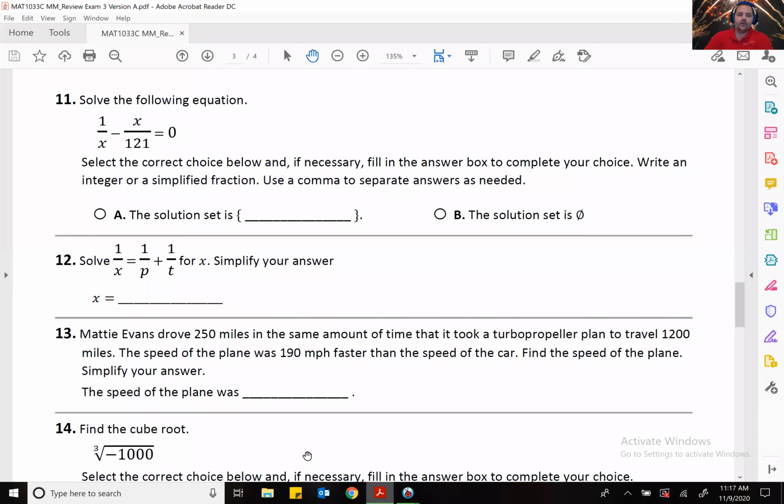So for the car, do we know how far it drove? Yes, 250. Do we know how fast the car was going? No. So we'll just leave that as R. Do we know the time the car took?